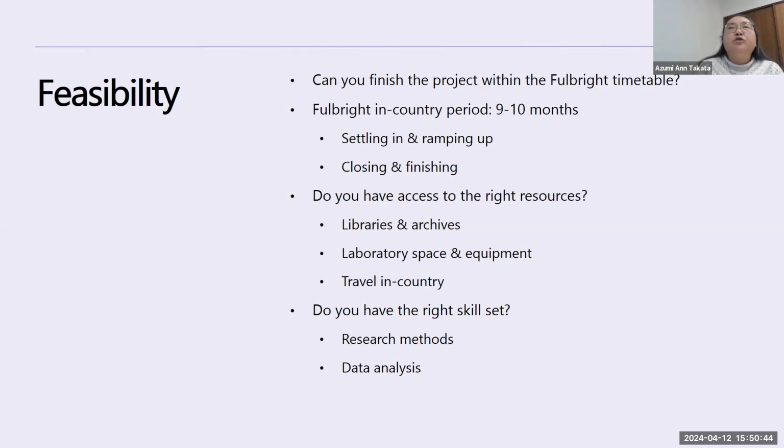You have to think about the first couple of months of that time. You're going to need to settle in and start ramping up. Obviously, the sooner you can get going, the better off you are, and the more time you have to devote to your research, but settling in and ramping up takes time.